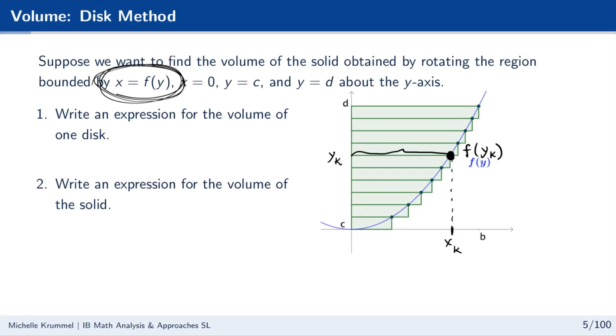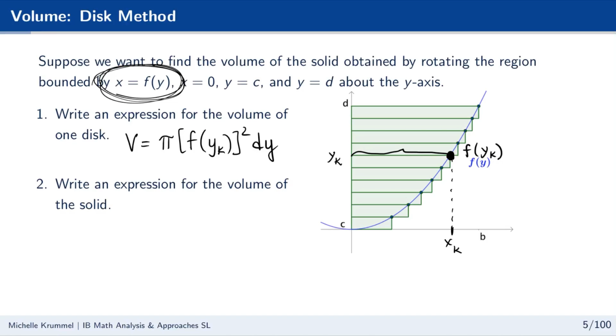So our radius is f of y sub k minus 0. So going back over here, our volume is pi, and then our radius squared times the height of the cylinder, which in this case is dy, or delta y.